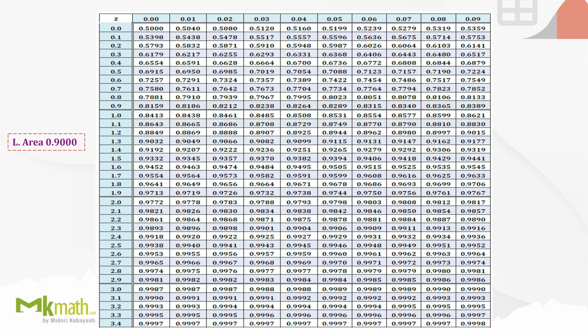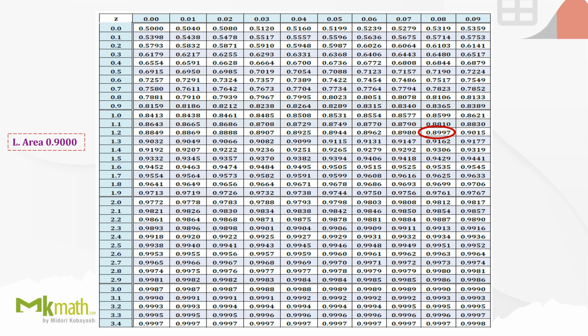We found two values close to 0.9. One is smaller and the other one is larger. Comparing the differences, one is 0.0003 smaller, and the other one is 0.0015 larger than 0.9. Therefore, we take 0.8997, which has a smaller difference, as the closest area to 0.9.